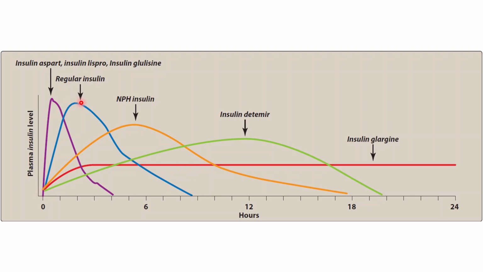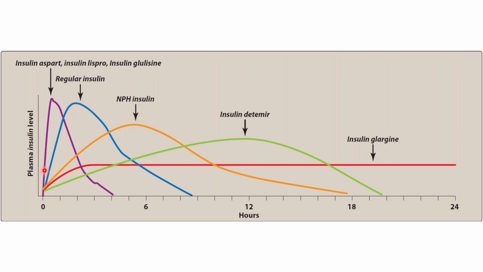Unlike the regular insulin, whose peak maximum is at the second hour and which starts acting after 40 minutes. That is why regular insulin should be taken half an hour before the meal.